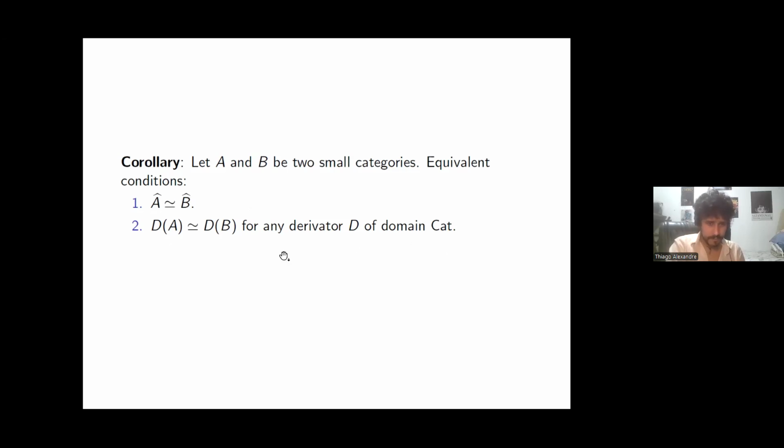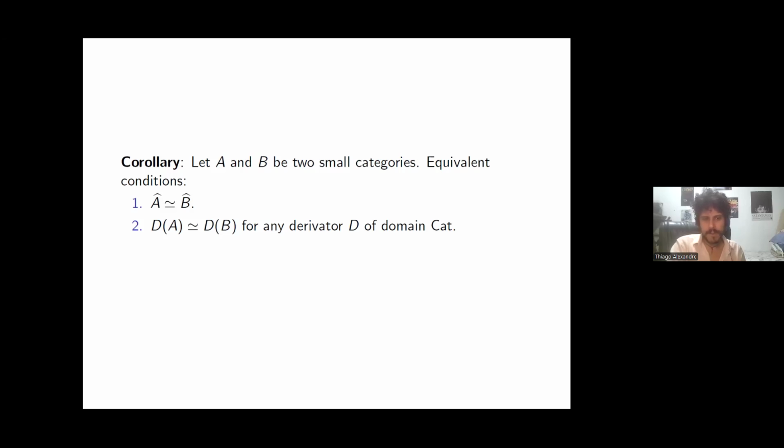So this is actually the motivation for extending any derivator to the entire 2-category of toposes. It's a sort of evidence that such an extension should always exist, at least.